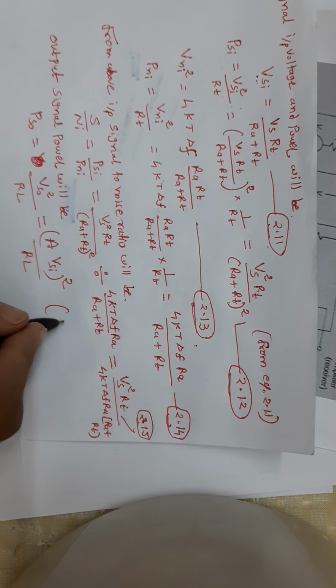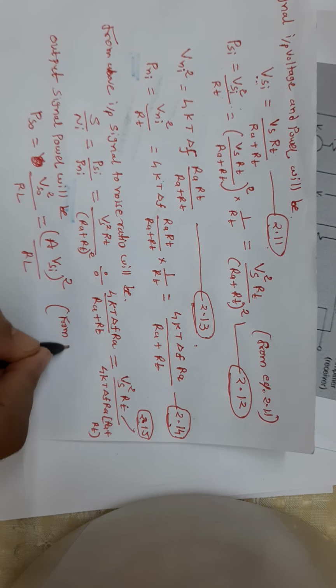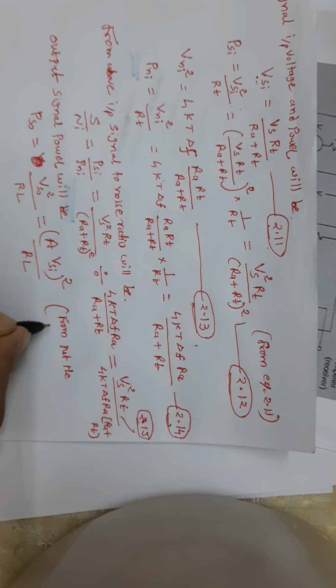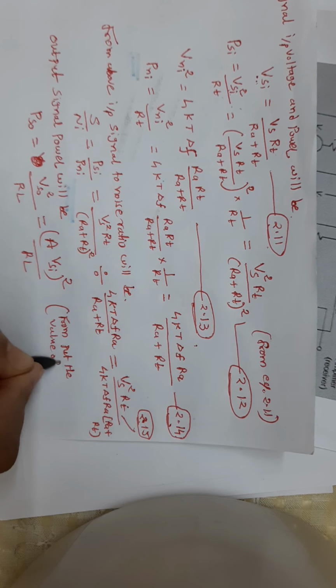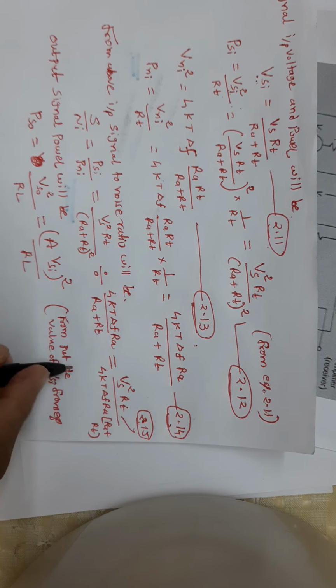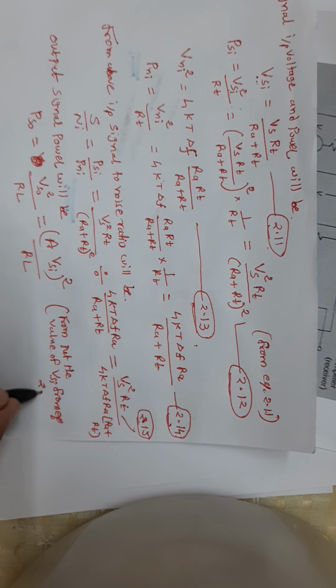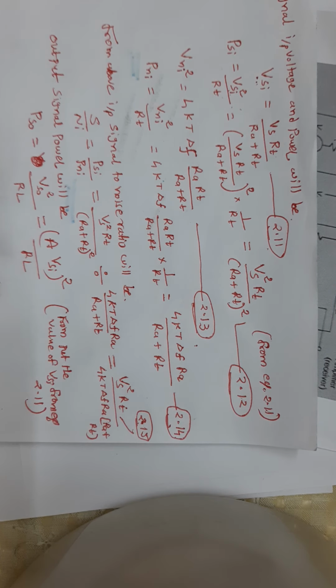This is coming from putting the value of VSI from equation 2.11. Where did this come from? From equation 2.11. We are just putting the value of VSI here.